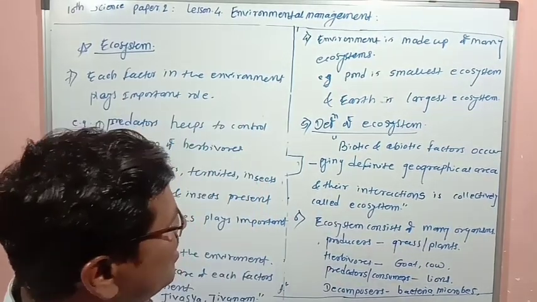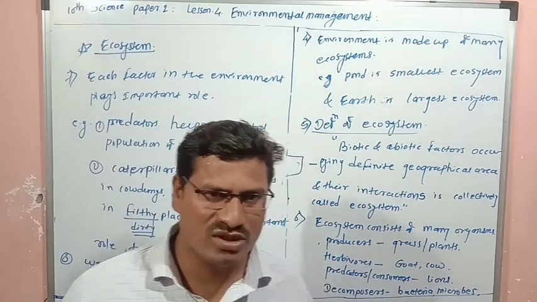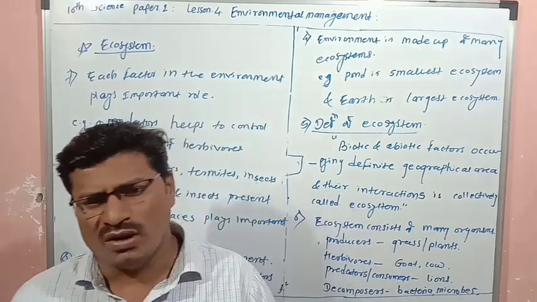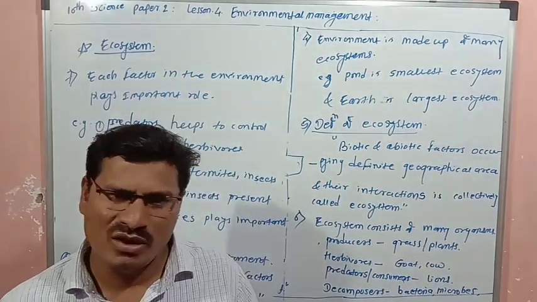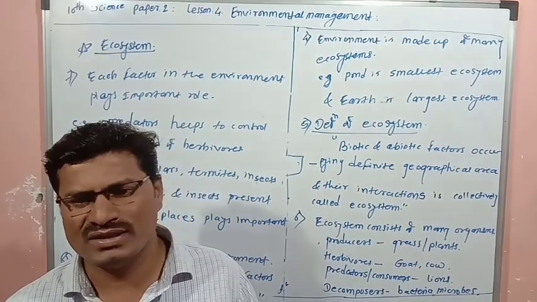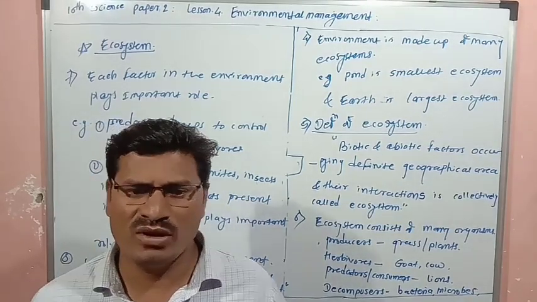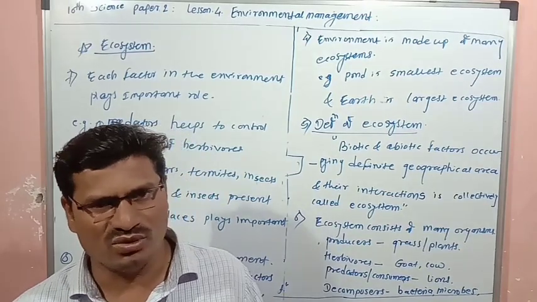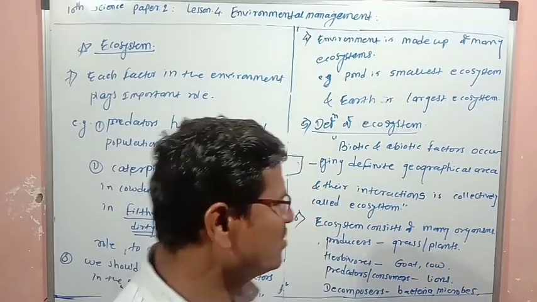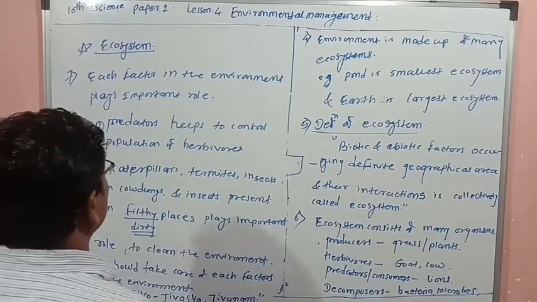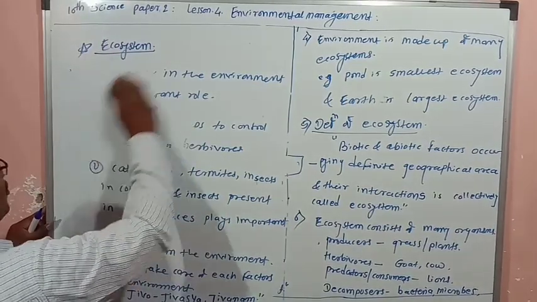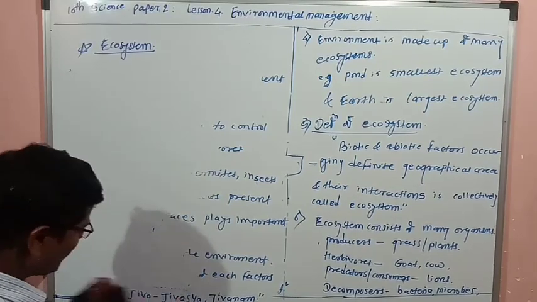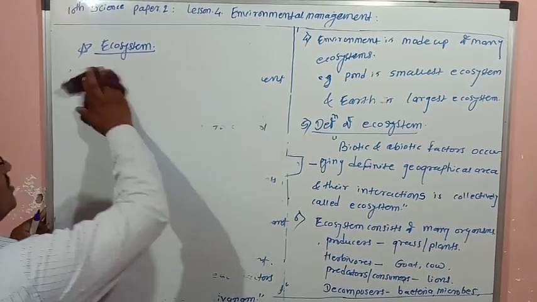The next question asked in the textbook is: what are the consumers, what are the different types of consumers, what is the criteria for the classification of consumers? Next question is related only to the consumers.